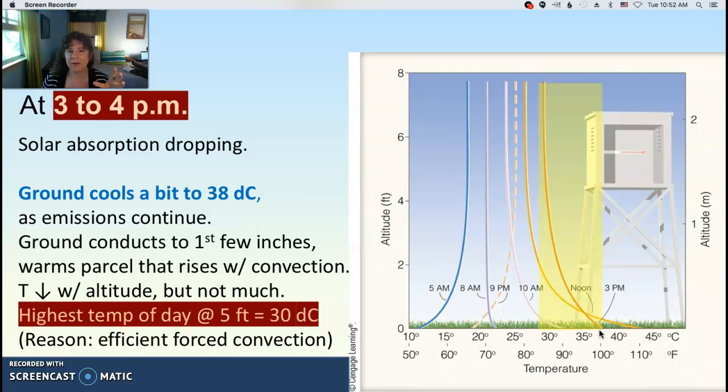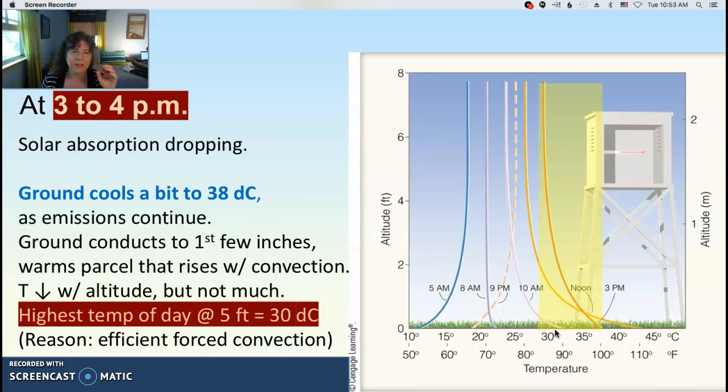You've got a lot of energy moving off and being emitted and conducting off and sending out a parcel that is convecting upward, so that by 3 to 4 p.m. at the station height, you've got your highest temperature of the day, your maximum temperature of the day. That is one thing that I would record at about 87 degrees there, at about 32 degrees Celsius, your maximum temperature of the day.